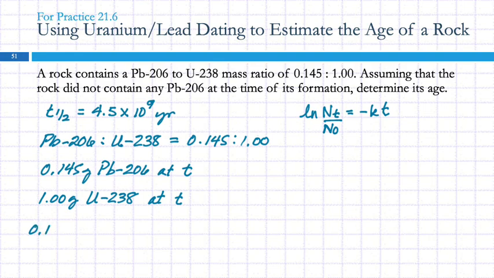So if I have 0.145 grams of lead-206, I could convert that, say, to moles. I get 1 mole of lead for every 1 mole of uranium that decays. What's the mass of 1 mole of lead-206? It's 206.